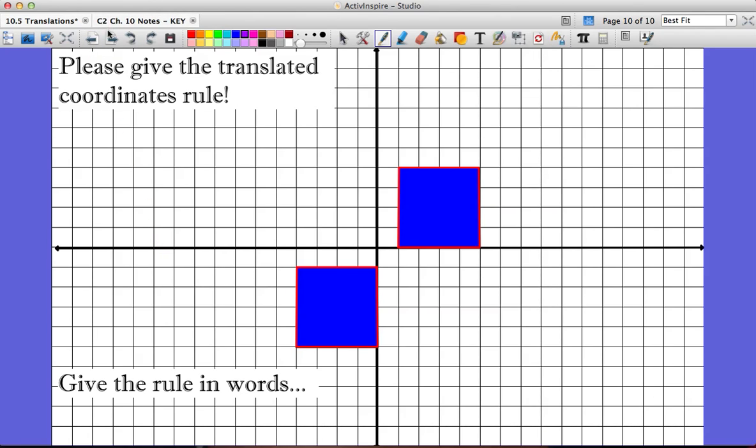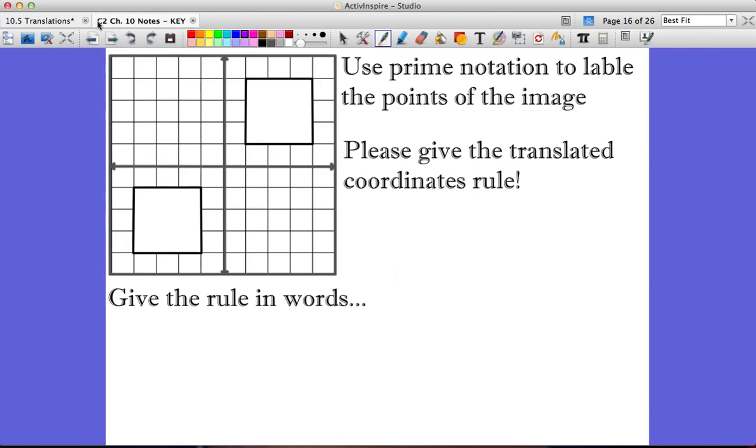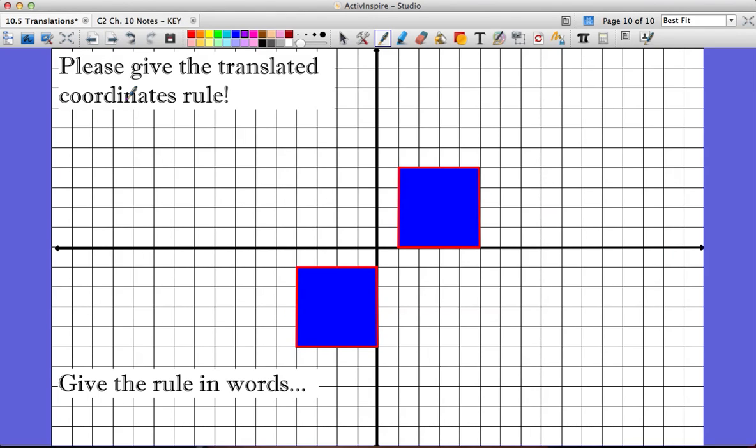All right, so now we're going to talk about how to write the rule for translations. So this is where that change in x and change in y comes in handy. So if I take a look at my coordinates, and here's one vertice and here is its match. You have to make sure to find the match, because if you use this vertice and this vertice, it's not going to work out.